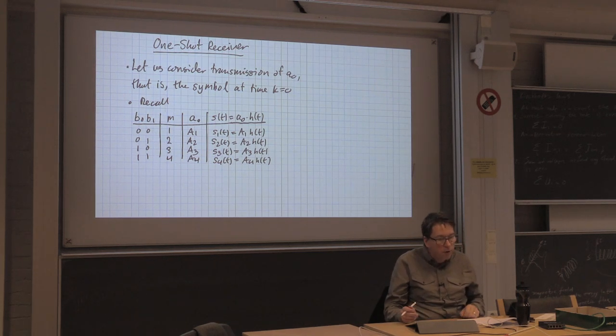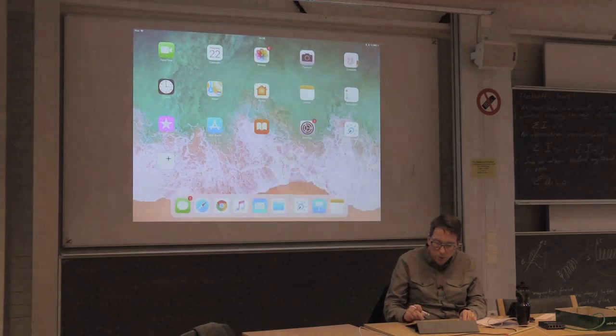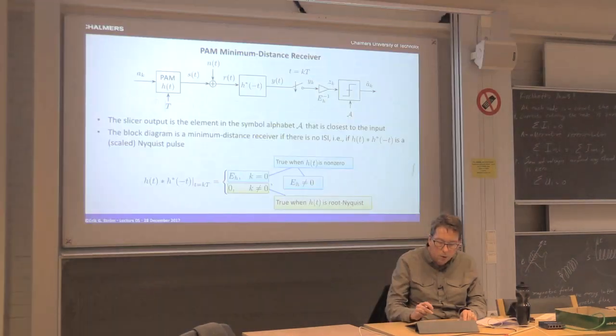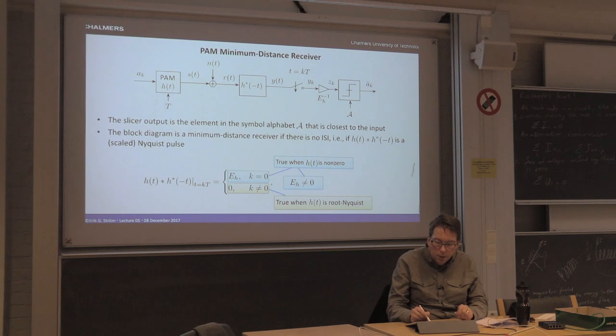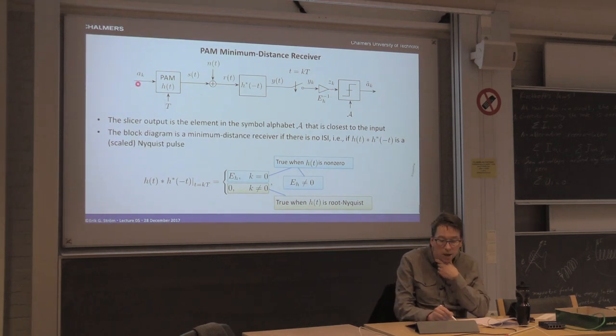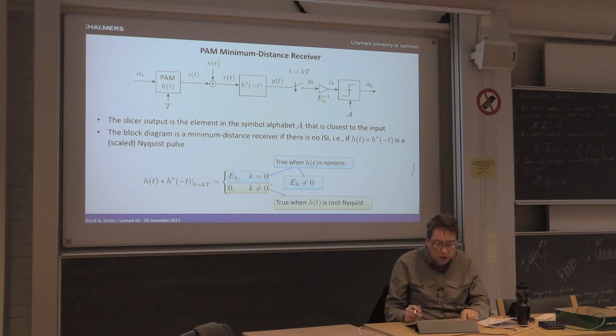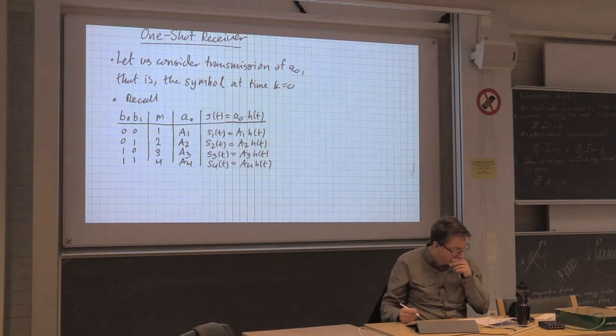So let's remember what we want to do. We want to be able to decode Ak here. So it had better be that when it's noise free, Z is equal to A. Otherwise we're in trouble. This is what we want to do, so let's see if that is the case.